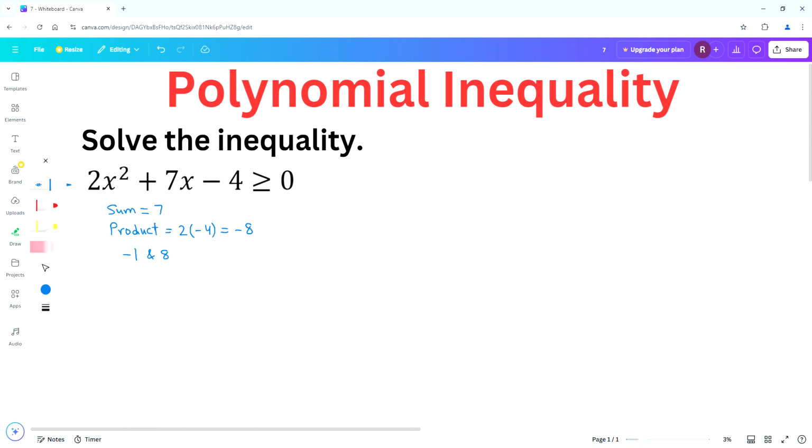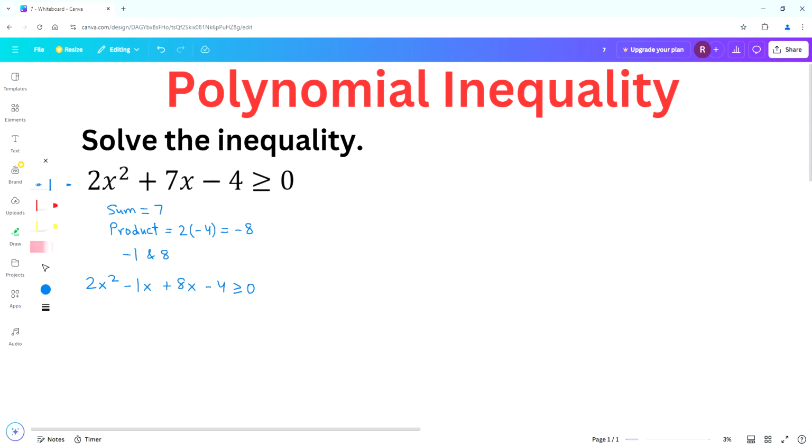We should use these two numbers to break up the middle term 7x. We replace 7x with -1x plus 8x.